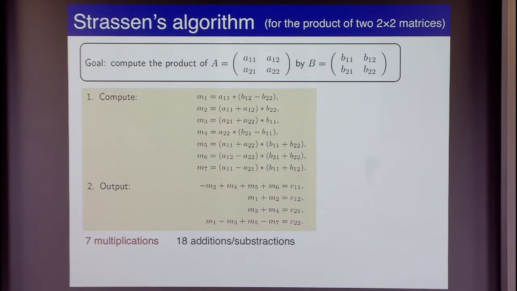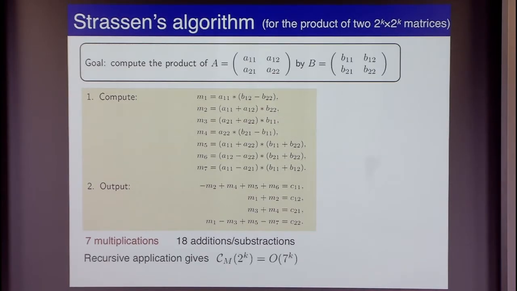So we have Strassen's algorithm, which shows how to compute the product of two 2x2 matrices using only 7 multiplications. The point is that you can apply it recursively, and for the product of matrices of size 2 to the k, you can do it with 7 to the k multiplications, so this gives you this bound.